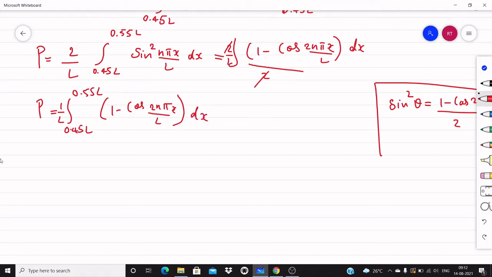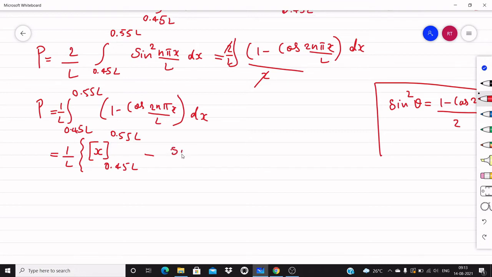Now what you have to do is integrate and apply limits. So 1 by L is there, first term is integral dx, so x, give the limits 0.45 L to 0.55 L. Now minus the second term, when you integrate, integral cos x is sin x, so give the value again, 1 by L is already there outside.